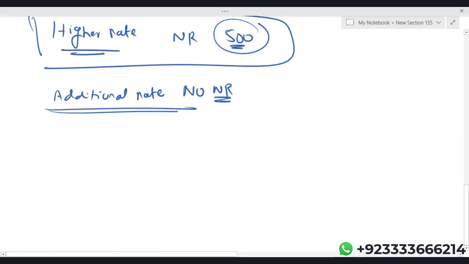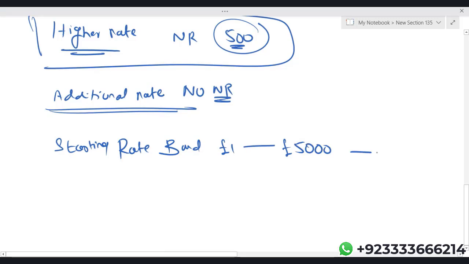For saving income, we also have one more concept, the starting rate band, from £1 till £5,000. The applicable tax rate is 0%.